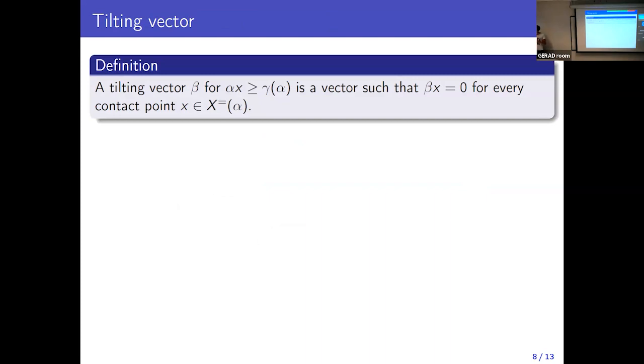It's just a vector that satisfies beta x equals 0 for every contact point. So beta is just an assignment of coefficients to the elements of the problem, and we want the sum of the coefficients on a cover that is a contact point to be equal to 0.